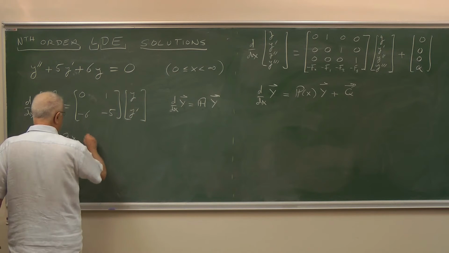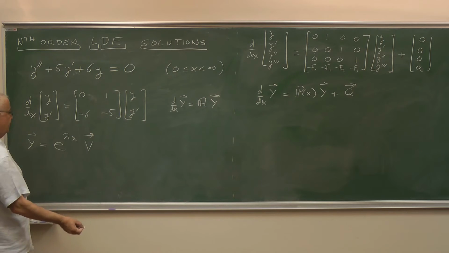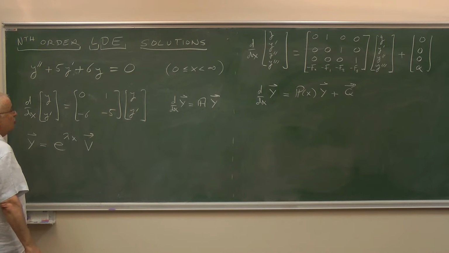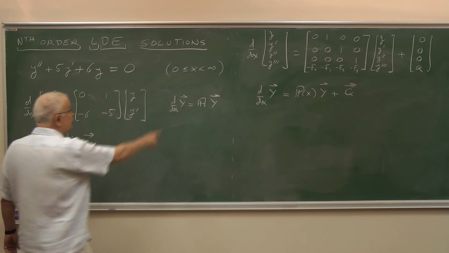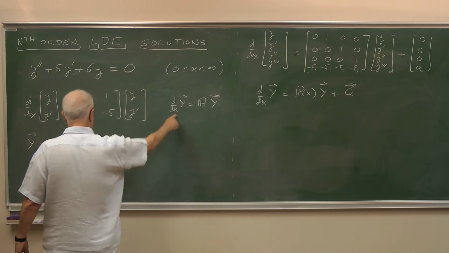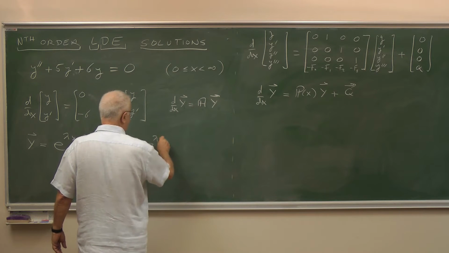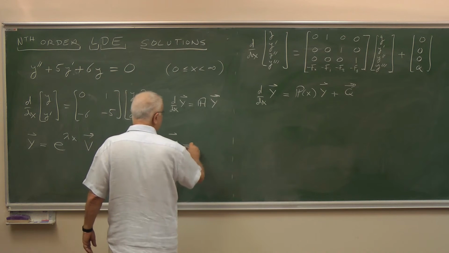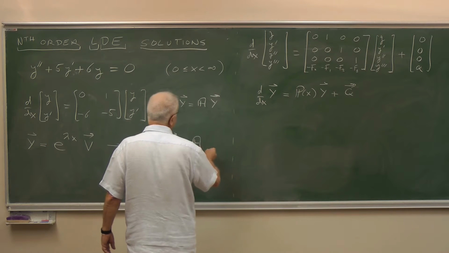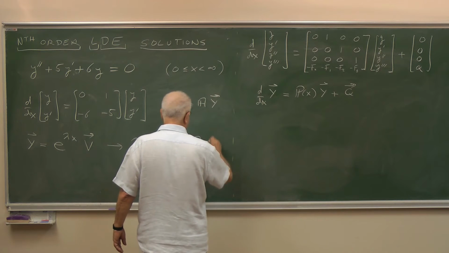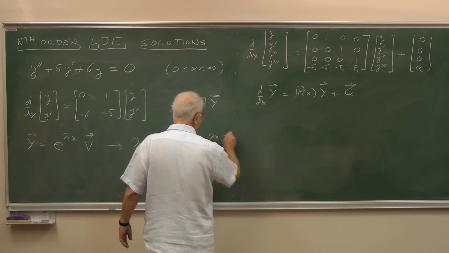So let me multiply this with a constant vector v. So what will this become? The derivative of y with respect to x will be lambda e to the lambda x times v equals A times e to the lambda x v.